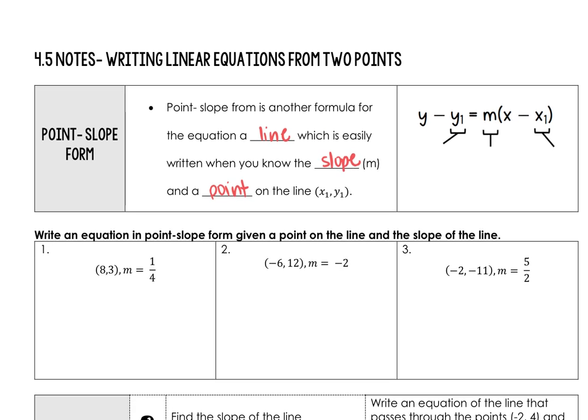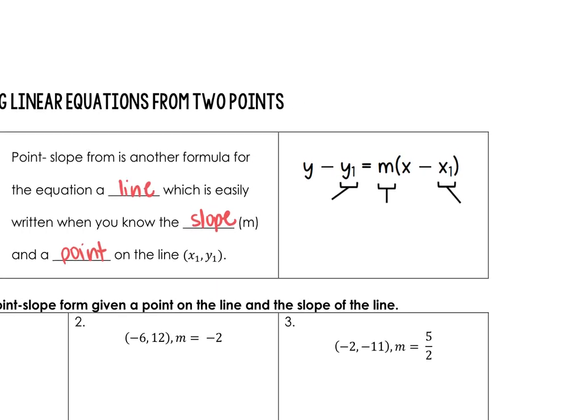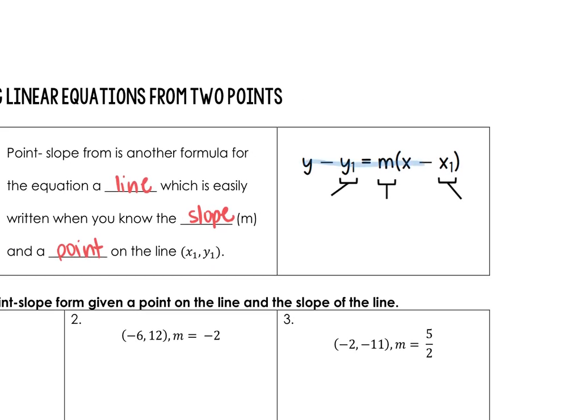So as long as we have the slope and a point, we can write the equation of a line. This is the point-slope form of a linear function.